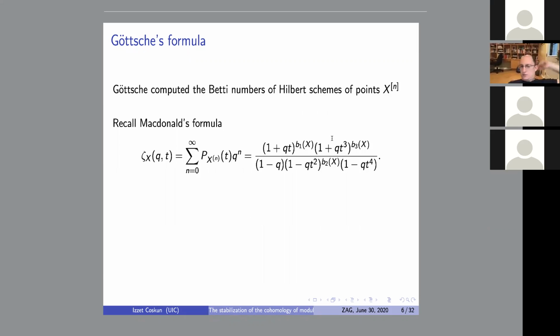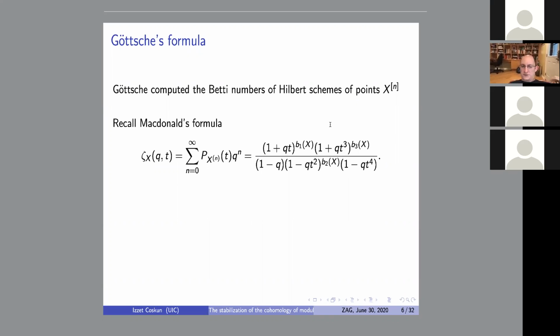And Macdonald computed what that was, and here is the formula for it, where these are the Betti numbers of your surface, b1(X), b3(X), and b2(X). Of course, there's b0(X) here and b4(X) here, but because I assumed that the surface was irreducible, those are just one.